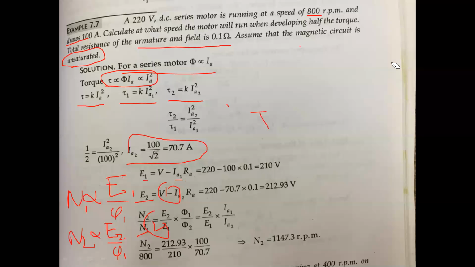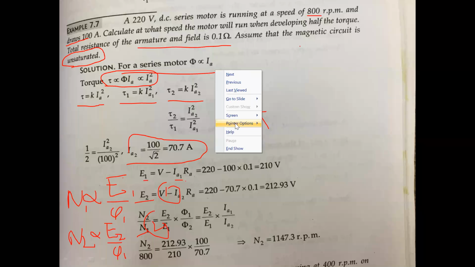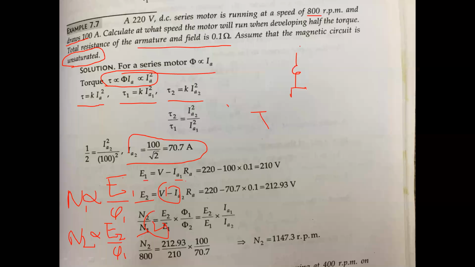Magnetic circuit is unsaturated. So for a series motor, flux is proportional to armature current because in a series motor both are connected in series. Suppose this is the field and this is the armature. Both armature and field are connected in series.